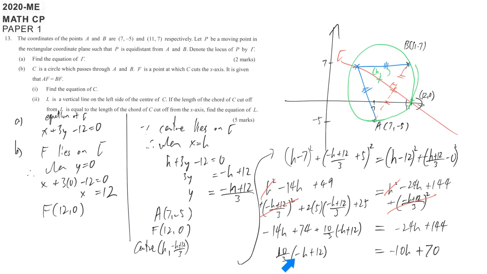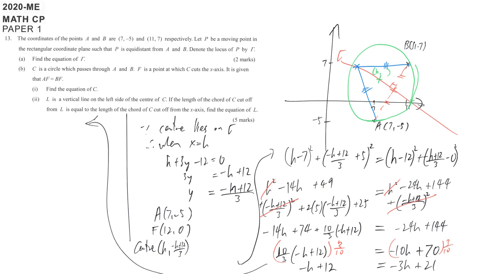Both sides times 3, both sides divide by 10, so I multiply both sides by 3 over 10. Therefore, we have 2h equal to 9, h is equal to 9 over 2.